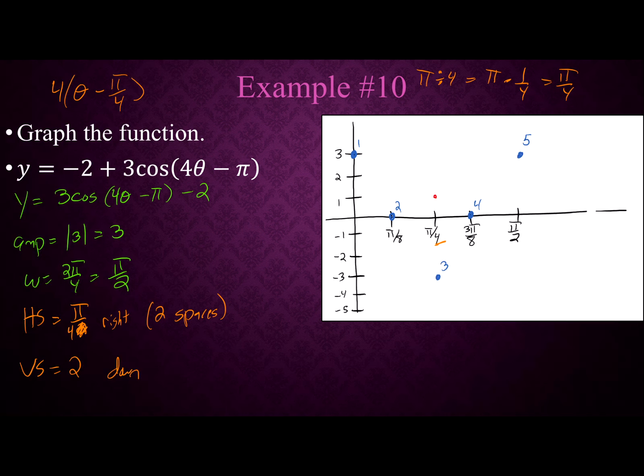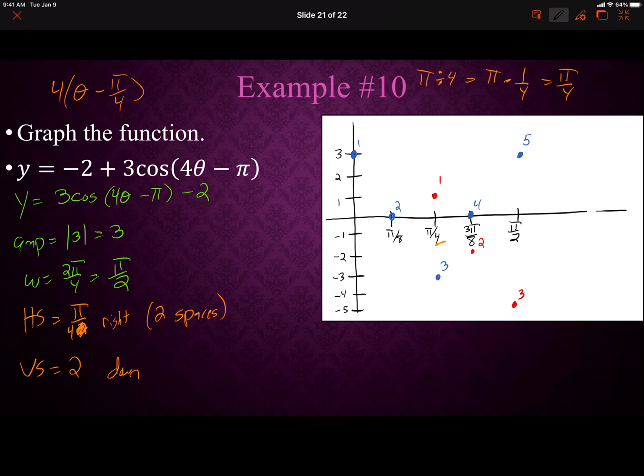So point 1 is going to go here. Point 2 is going to go there. Point 3 down to here, and then we do need 2 more horizontal spaces on the right side. So we need to recognize what those are going to be. The first point is pi over 8, so everything goes up by pi over 8. So it's 1 pi, 2 pi, 3 pi, 4 pi over 8, then 5 pi over 8.